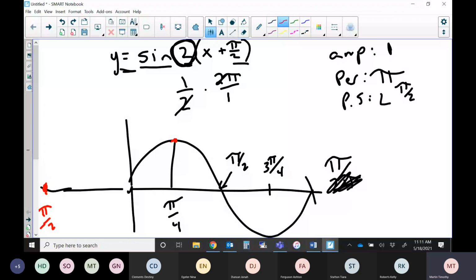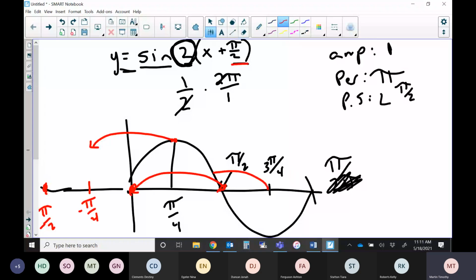This point right here is going to be at negative pi over 4. And this point right here is going to be at 0, shifting it back a whole pi over 2.